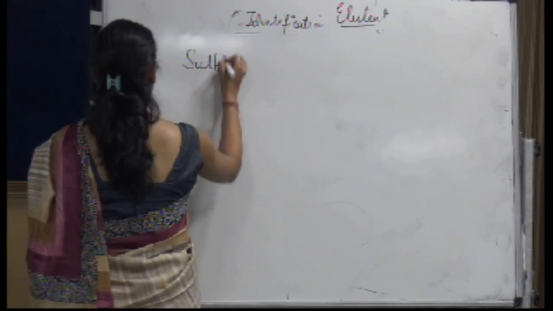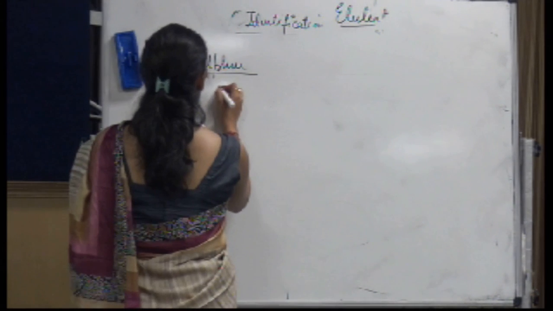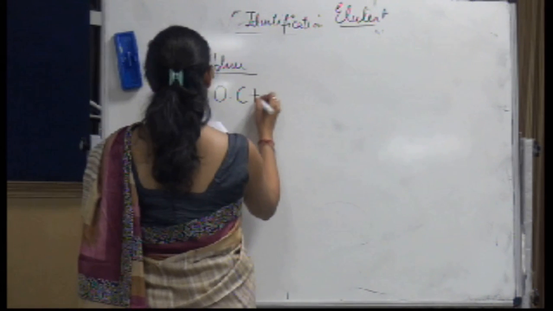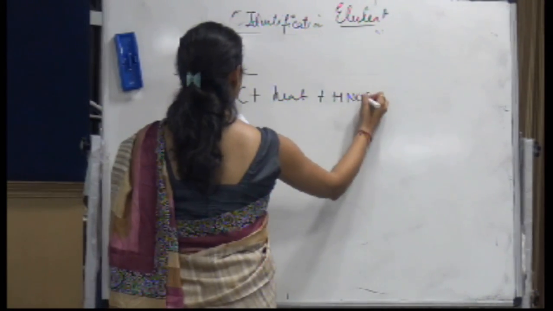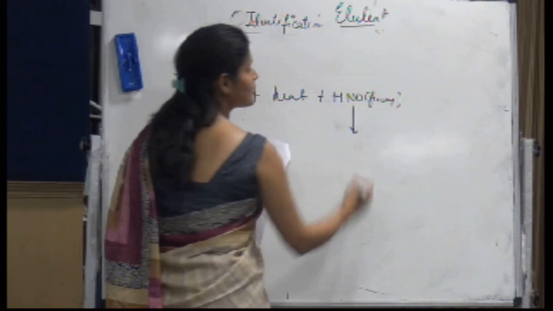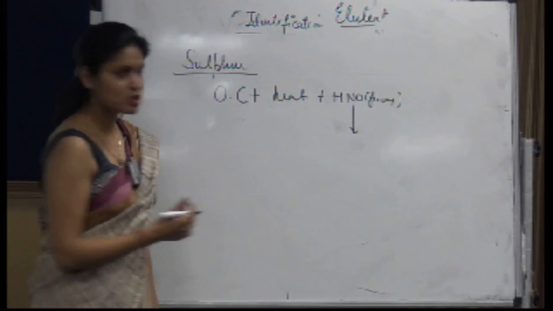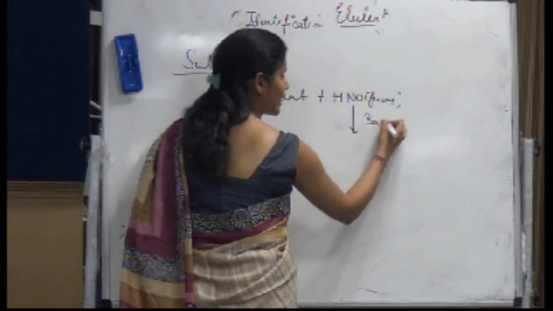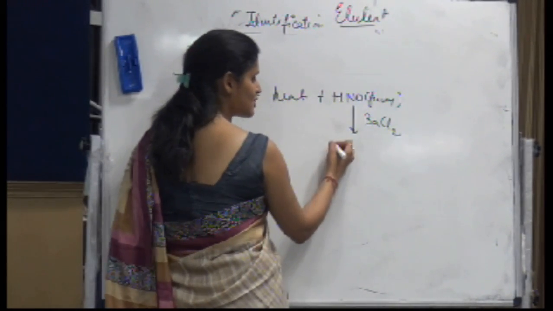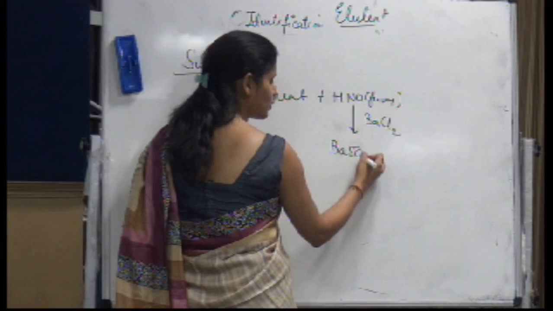On similar lines, we have the numerical for sulfur, but the procedure is we heat the organic compound in presence of fuming nitric acid, but we will precipitate out sulfate. Sulfur may be present as sulfate, so we will add barium chloride so that the sulfur would precipitate out as barium sulfate.